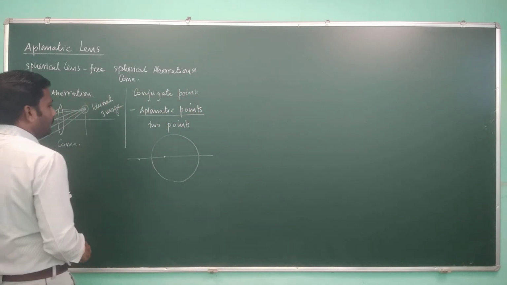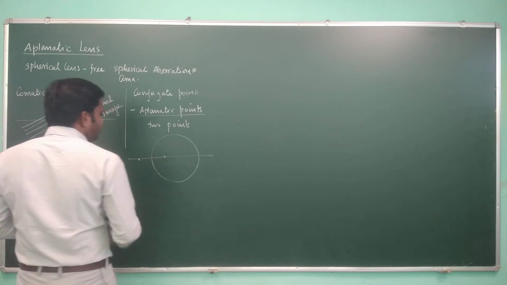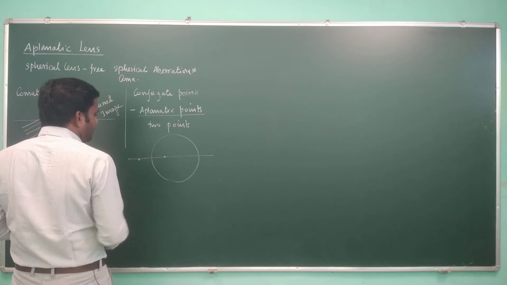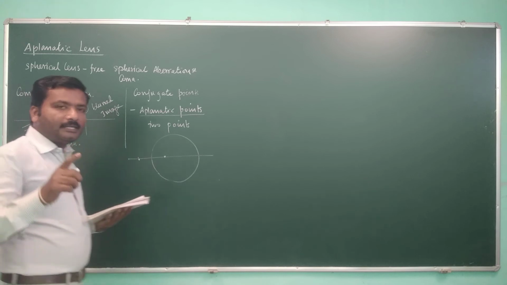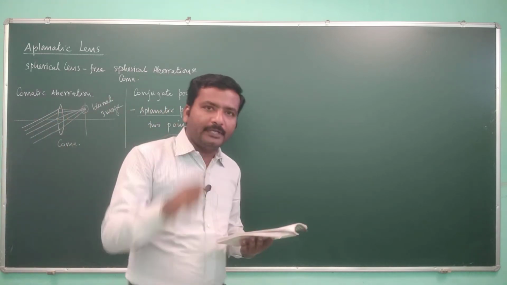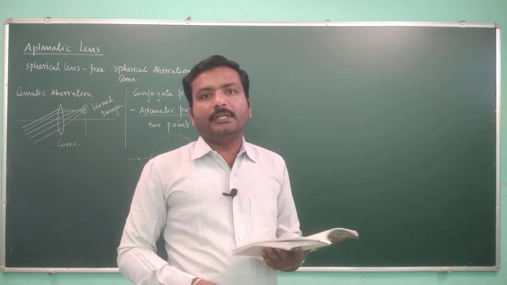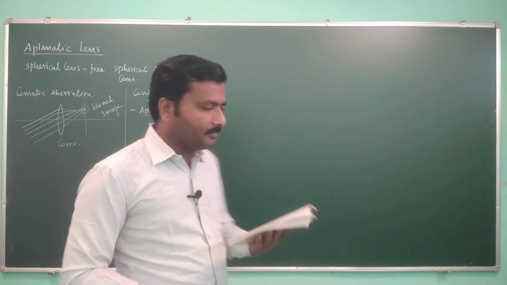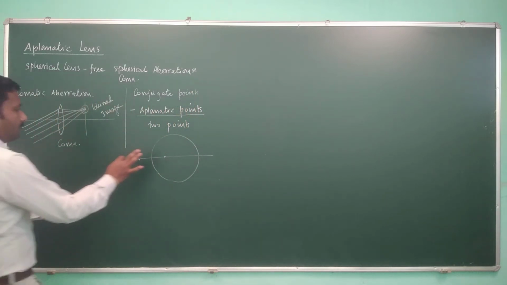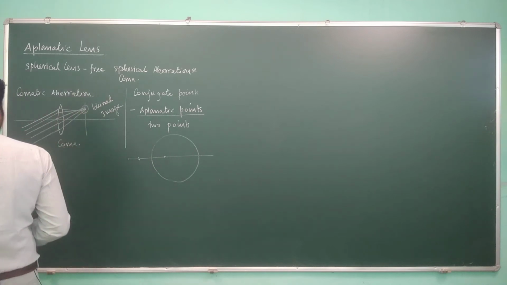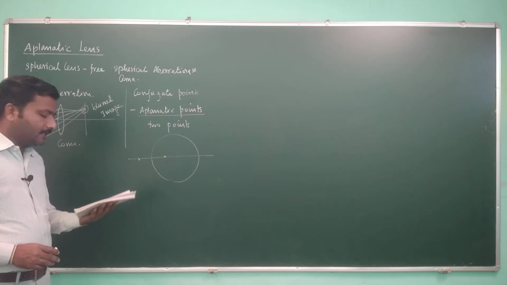Let me tell you again. Aplanatic points can be defined with respect to the axis of a spherical lens. If you place the object at one point, the image will appear at the other point without any such defects. Fine. Now we are going to mathematically define what those two points are that we call aplanatic points.